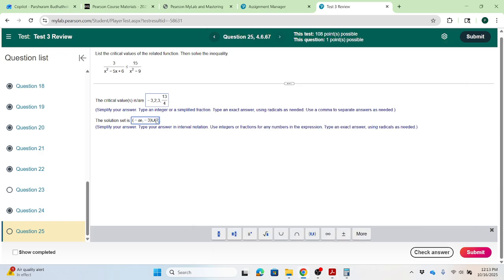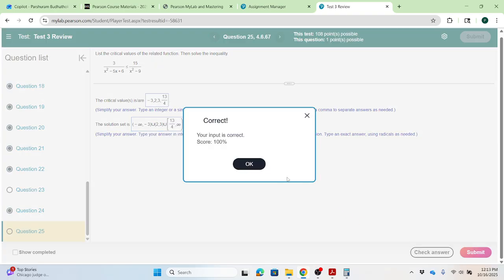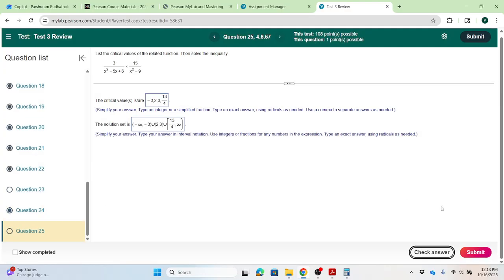Do not include 2 and 3, because that makes the function undefined. There is a vertical asymptote you are going to find. And very last, include 13 over 4 because that's one of the zeros, and go up to positive infinity. So that's the solution. Okay, and that's all for this test review.